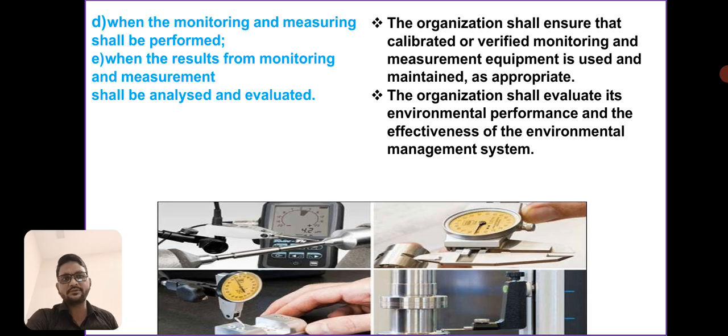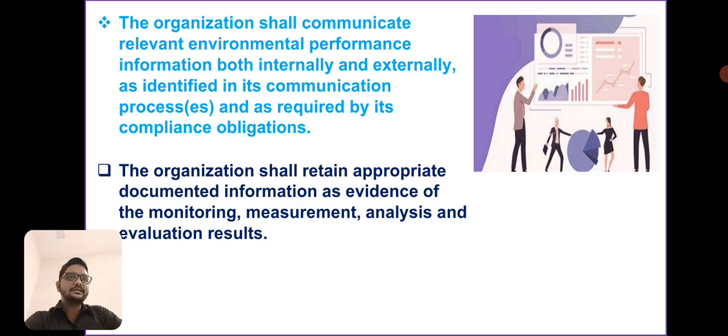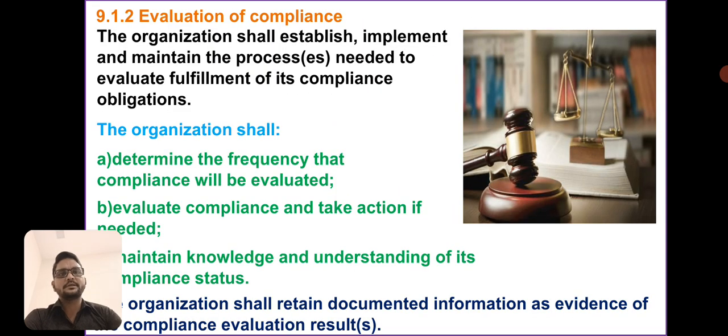The organization shall evaluate its environmental performance and the effectiveness of the environmental management system. Now, organizations shall communicate relevant performance information both internally and externally as identified in its communication processes and as required by compliance obligations. Organizations shall retain appropriate documented information as evidence of the monitoring, measurement, analysis and evaluation. Means we need documented information of our KPIs and trends.